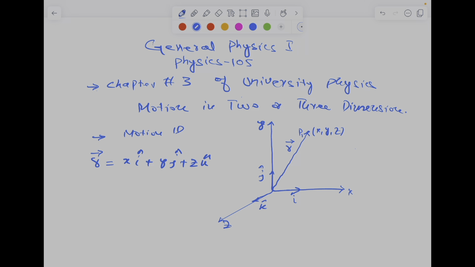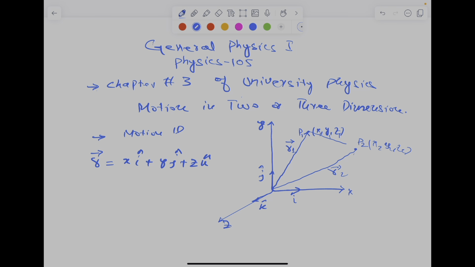Now P2 has coordinates x2, y2, and z2. So this will become your vector r1, and now this vector will become your r2, and this is the change in position. And we can add these vectors by using the head to tail rule.